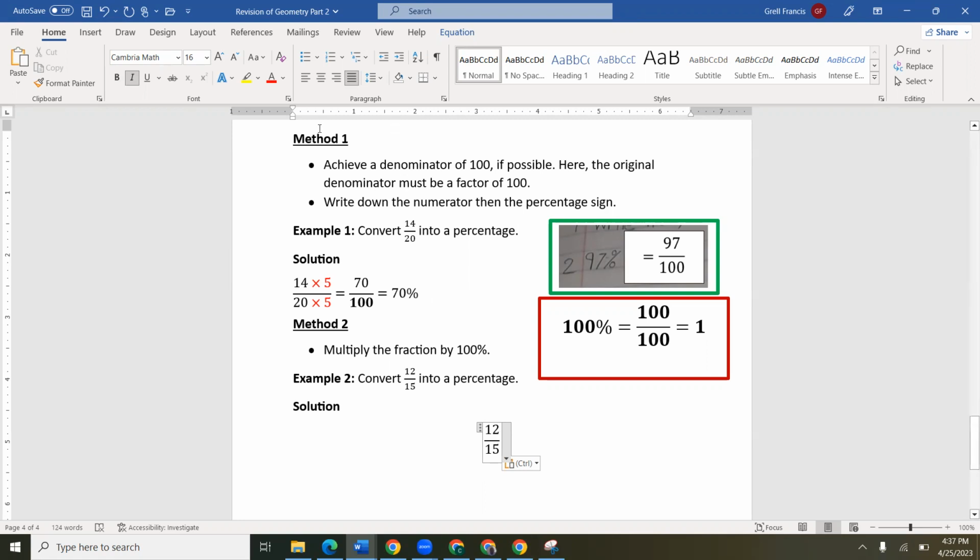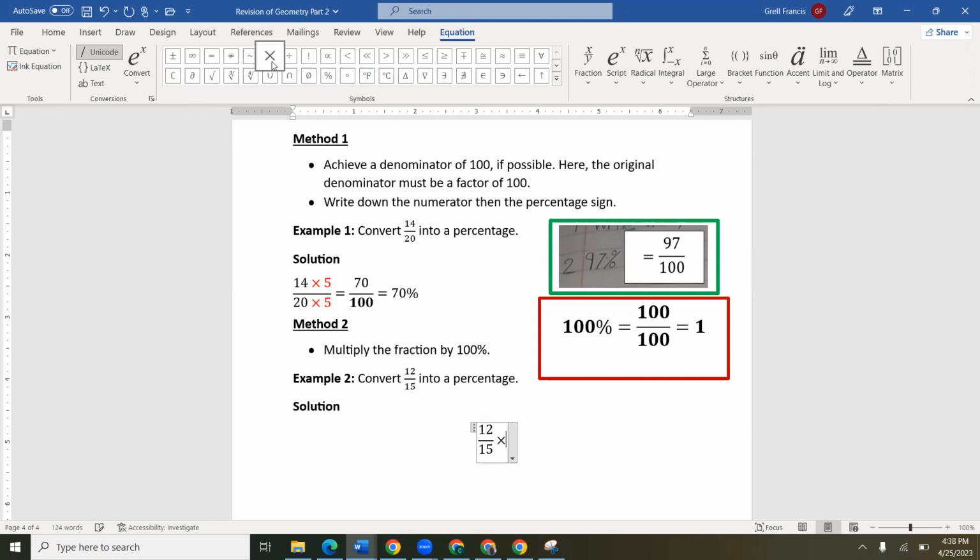Meaning we are going to multiply by 1. So we're not really changing 12 over 15. If we multiply 12 over 15 by 100, we're going to get a new number.